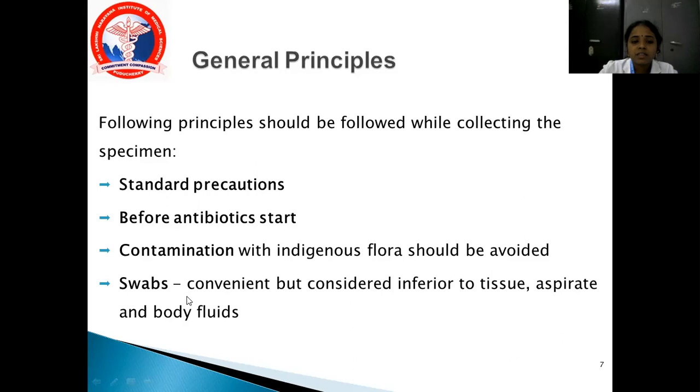Swabs are considered inferior to tissue, aspirates and body fluids.